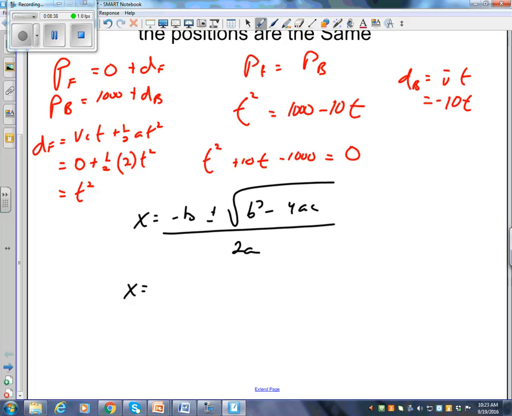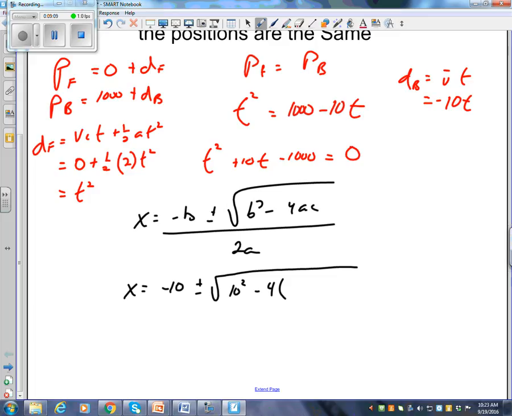x equals minus b, which is going to be minus 10, plus or minus square root. b squared is going to be 10 squared minus 4.